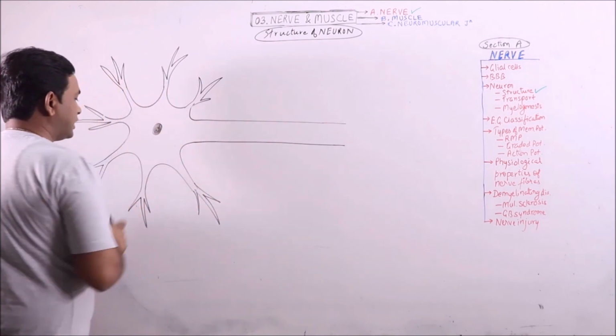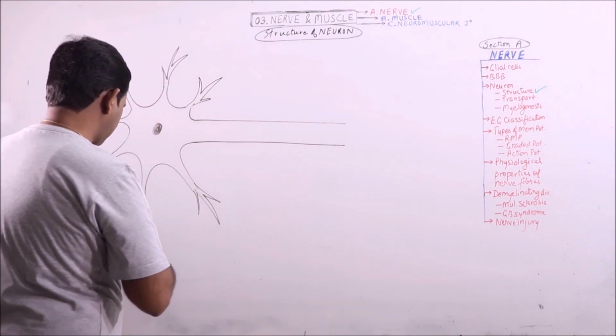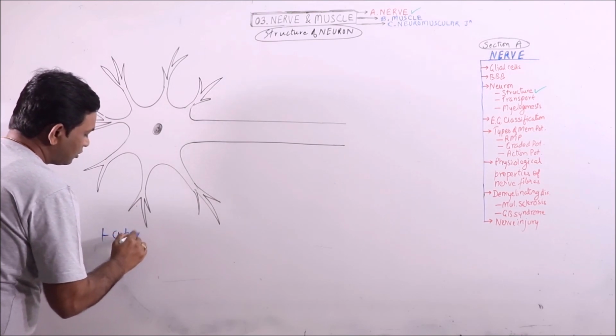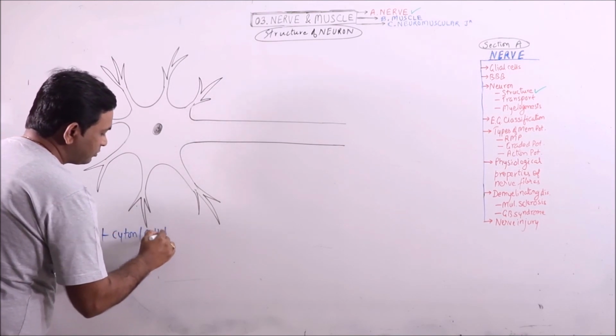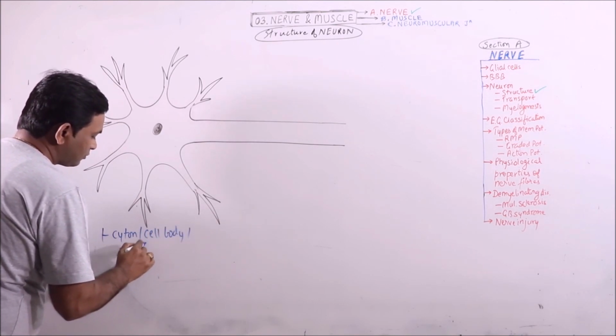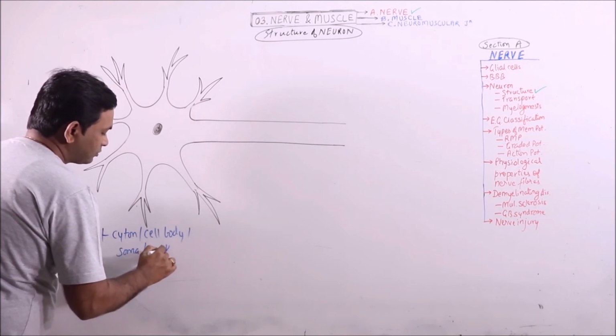Now this is the cyton part. This is cyton, or it can also be termed as cell body or soma or perikaryon.